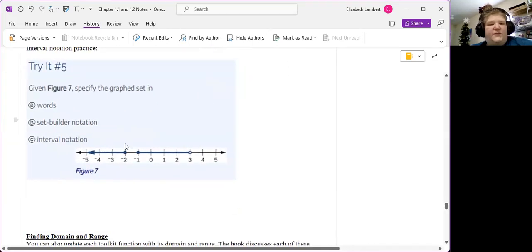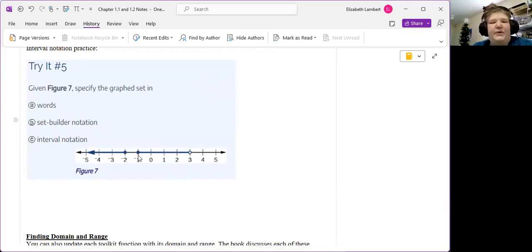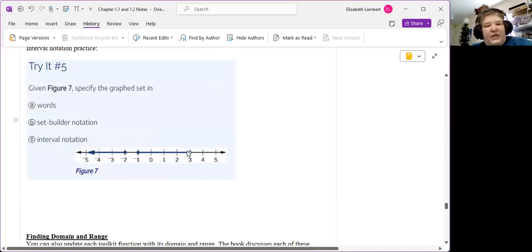All right, so words first. When we look at this graph, I see the bold arrow to the left, goes up to -2, and I got a closed dot. Between -2 and -1, kind of hard to see, but it's not filled in there. There's a gap. And then from -1 to 3, we get to include -1, but not 3. So let's try to say all that, just a little less wordy.